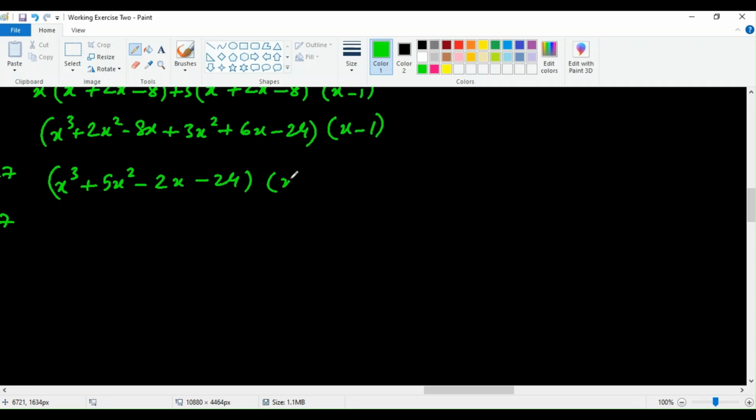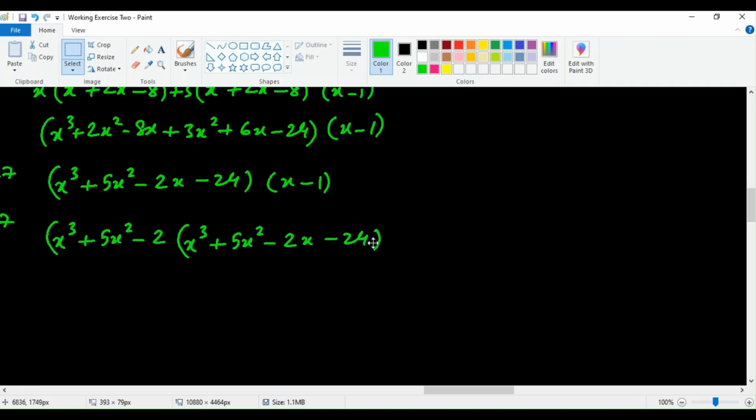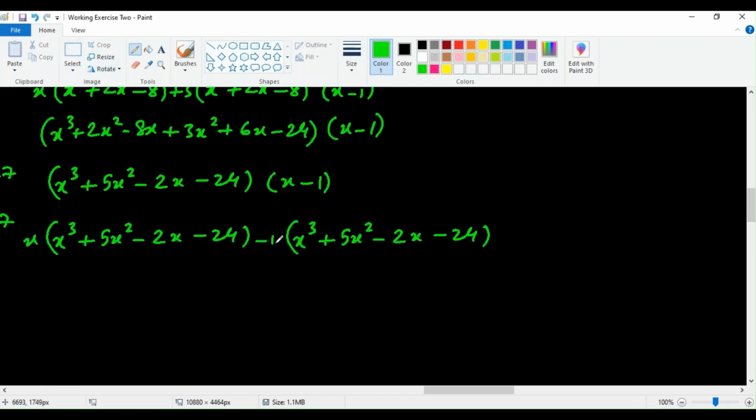This is the simplification for the first bracket. Now we are going to multiply with x minus 1. Now I'll copy this two different times. First is this one, and second is this one. Now I'm going to multiply first bracket with x, and then comes minus 1.